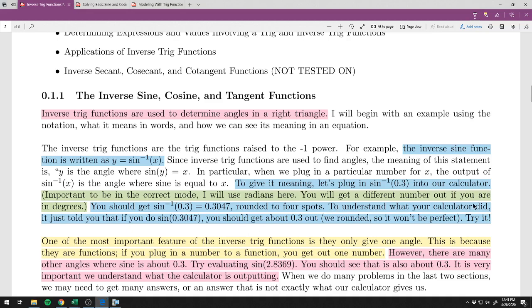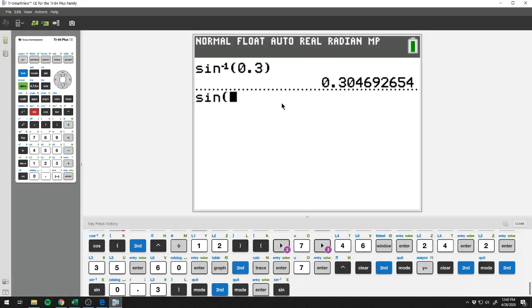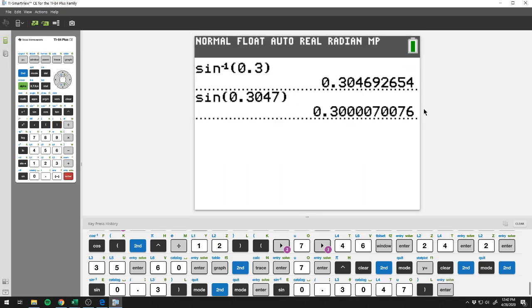To understand what your calculator did, just very specifically with these numbers, what happens if you do sine of your answer? So sine of 0.3047, it's rounded a little bit from what we got, but you will get about 0.3 back.